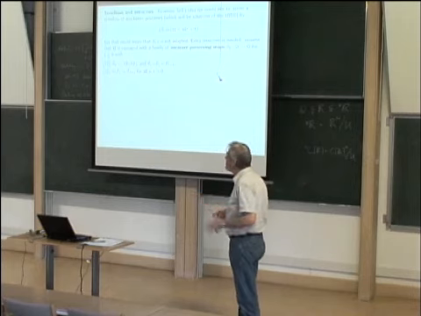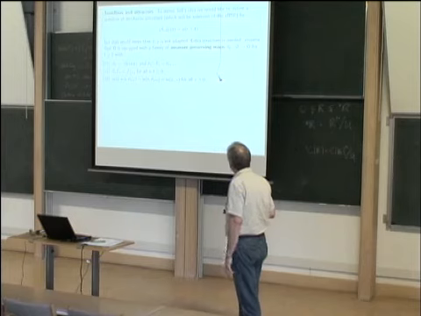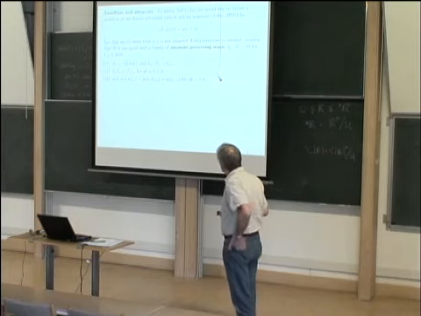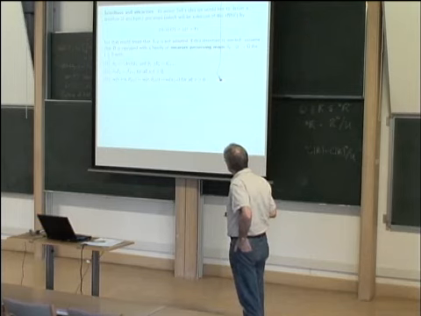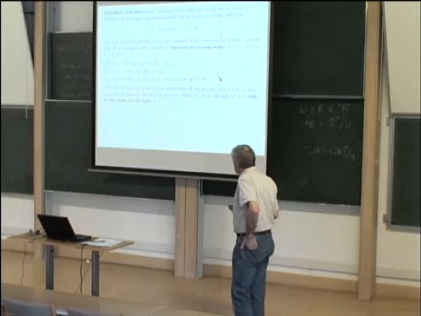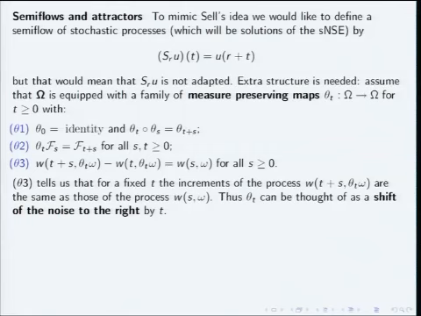It has this effect on the driving Brownian motion. And if you think about what theta 3 says, it's that the increments of the shifted process are the same as the unshifted process. So if you just think of the noise as being shifted by t to the right, this whole thing makes sense.